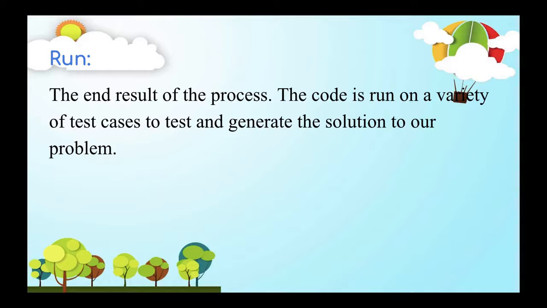Like in our example, we ran it on the 101st day, 102nd day, or on the 11th day or the 12th day. So after running the code, we will be able to generate a solution for the specific input that we want to enter. In our case, the input was the day on which we want to find the number of apples left with Aman. So that is what happens in the code.